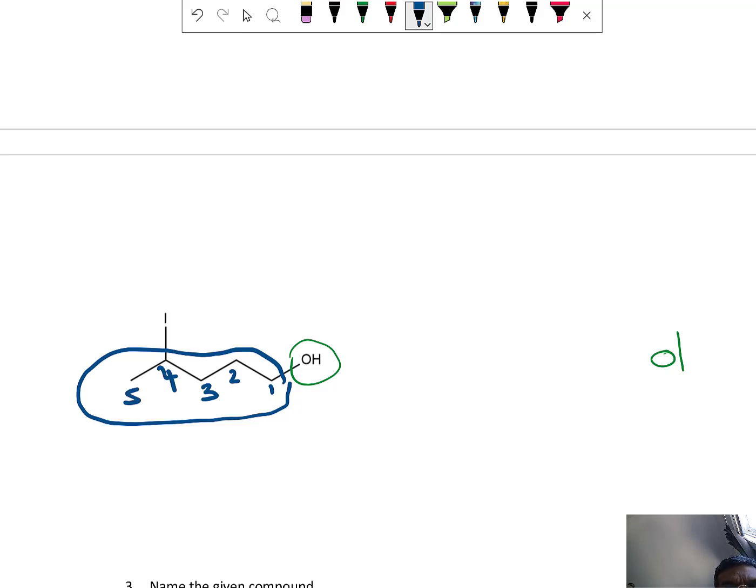Because you want to give the least number for the functional group, I don't need to say 1-ol, right? Because it's 1, but it's pentane, so I should write pentane, and E will be cut, and then it's pentanol, right? And it's one term though, right? Pentanol.